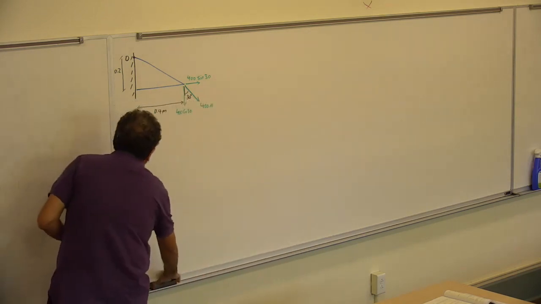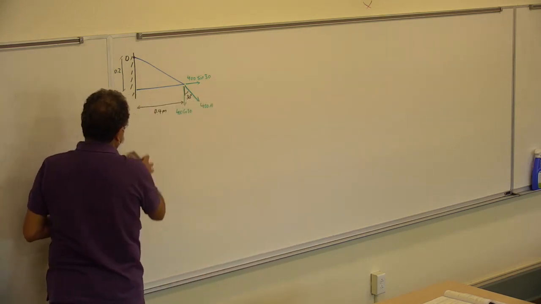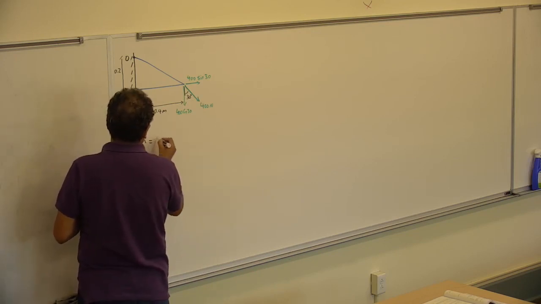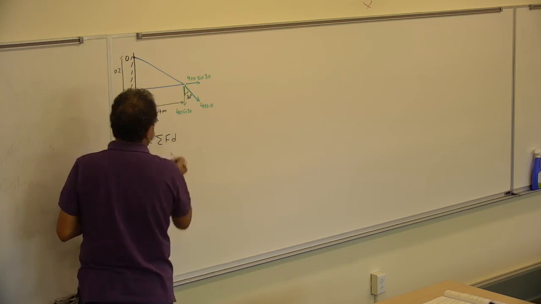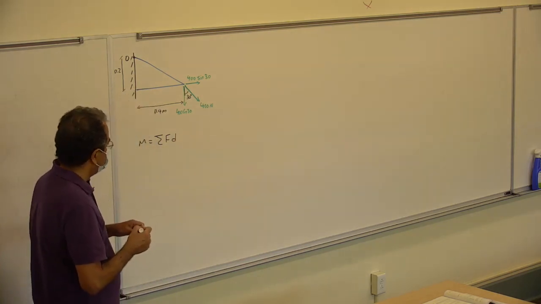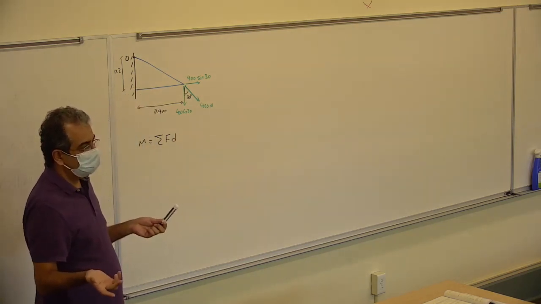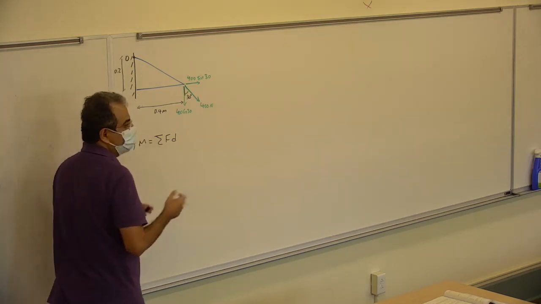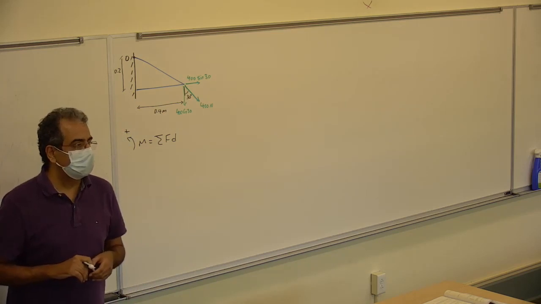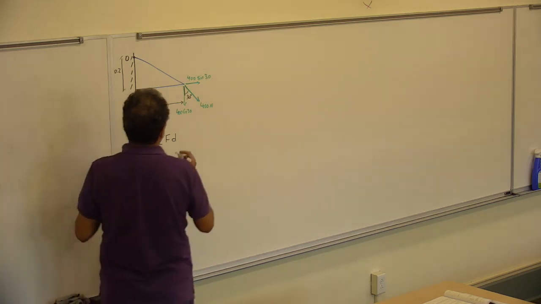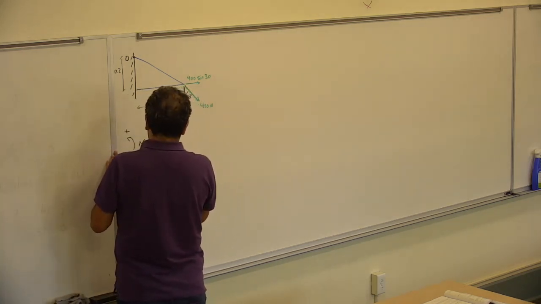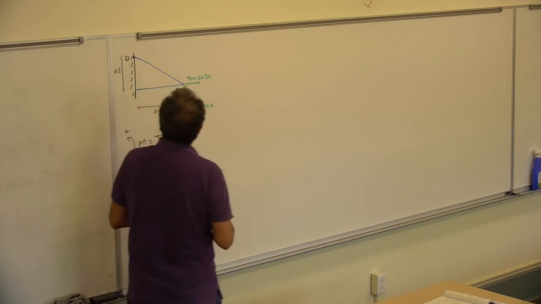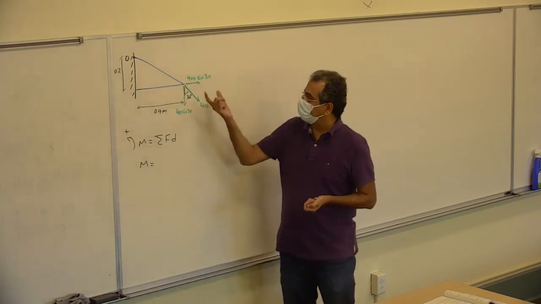So now, instead of using that F equals d, I'm going to say M is sigma F d. And I have to consider the positive direction, so let's assume counterclockwise positive. Then M is equal to, first I will start with the horizontal one.